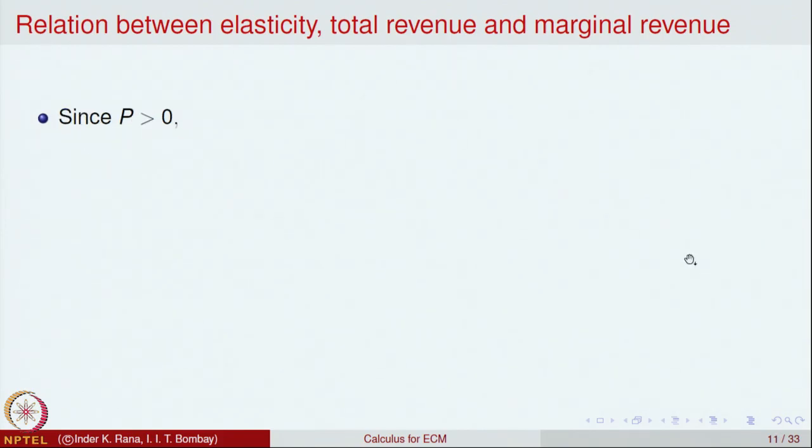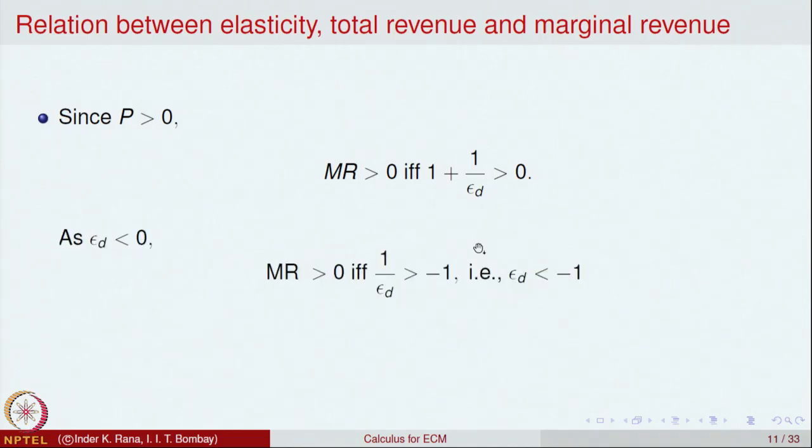So, marginal of revenue being bigger than 0 gets related with the coefficient of elasticity: marginal of revenue is bigger than 0 if and only if 1 plus 1 over coefficient of elasticity of demand is bigger than 0. So, as in our problems we have seen earlier, the coefficient of elasticity of demand is a negative quantity always.